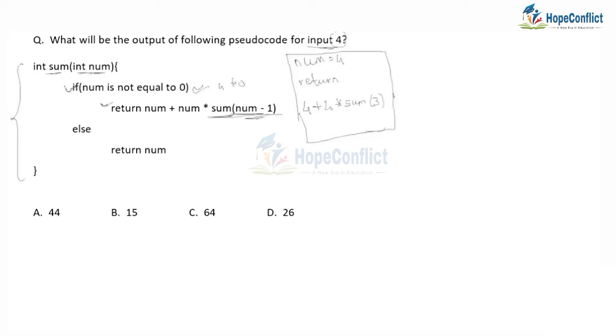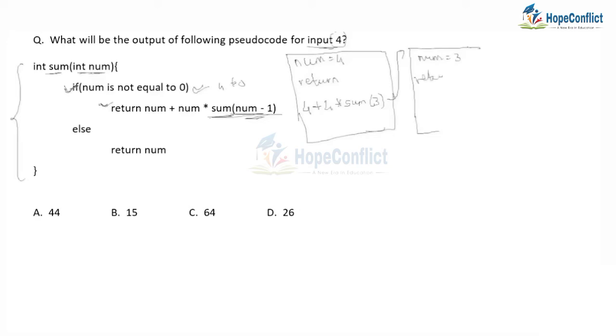Now in this case value of num will be 3, so we are drawing this next function frame with num value as 3. Again this if condition will hold true, that is num is not equal to 0. So we will again have to execute this statement, that is return num plus num multiplied by sum of num minus 1.